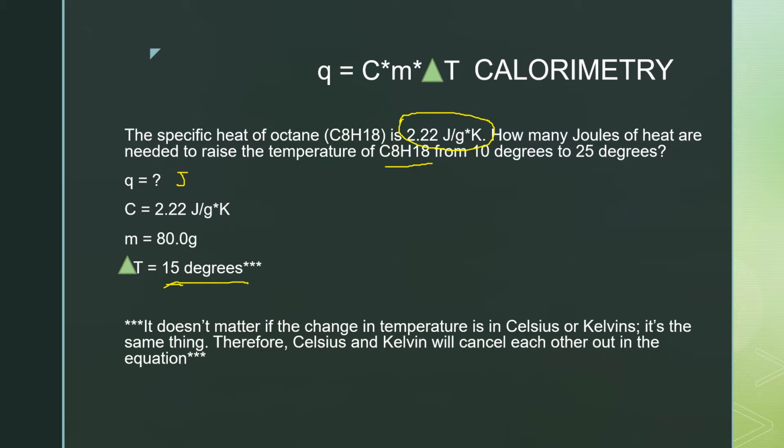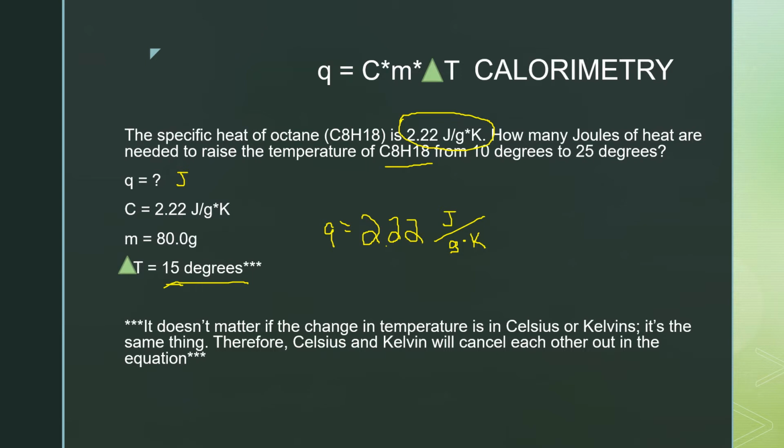So here's the Q equals Cm delta T. Q equals, and then the C is the 2.22, and always write down the units of measurement so you can know that you're canceling them out correctly when you do these kinds of formulas. Because if they don't cancel out correctly, then you didn't remember the formula right, or something's wrong.